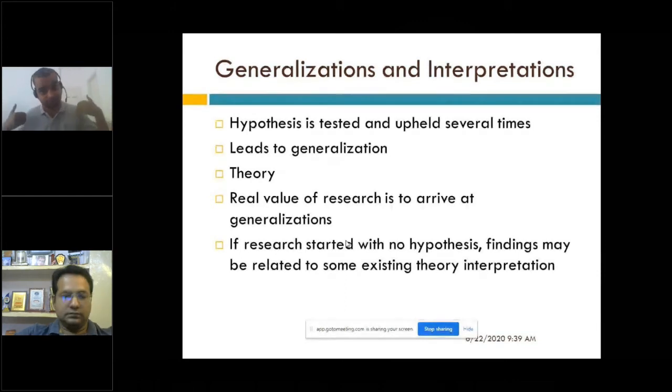And if we can, then to what extent? Suppose we collected data for a particular district, for example, Malappuram in Kerala. Can we generalize our findings to the whole of Kerala, or to the whole of India, or to the whole world, or to the whole universe? So it is generalizability.